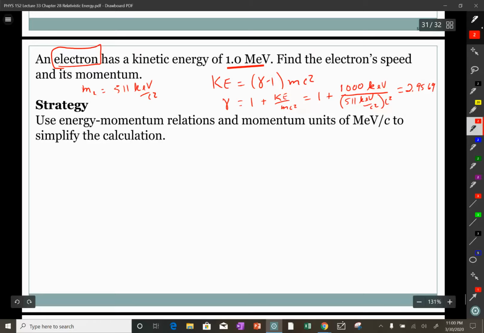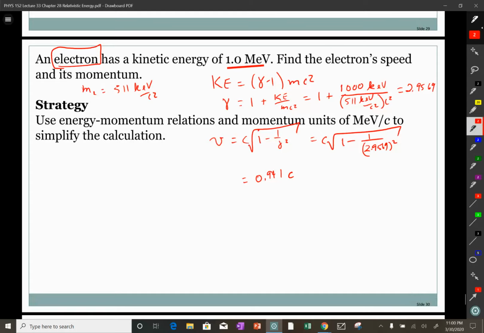So now that we know gamma is 2.9569, we can say V is equal to the square root of 1 minus 1 over gamma squared, equals the square root of 1 minus 1 over 2.9569 quantity squared, which equals, forgot to type c out here, 0.941 c.